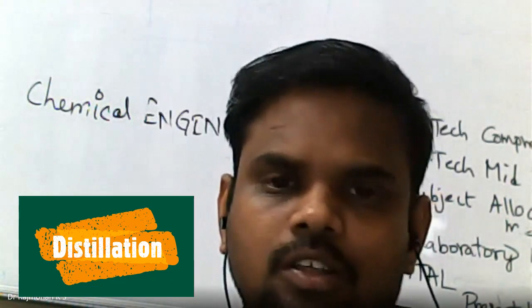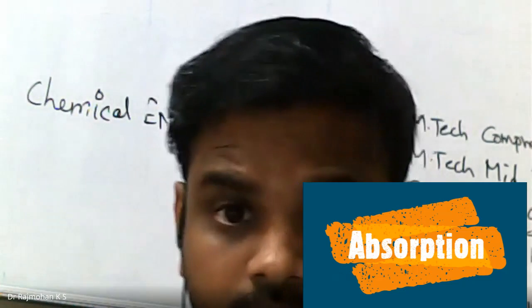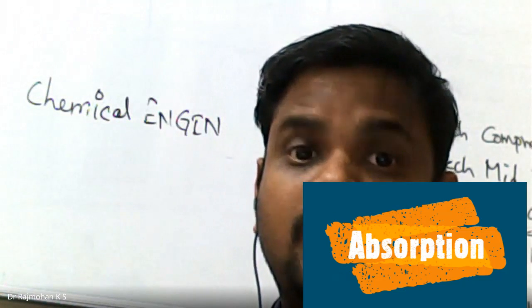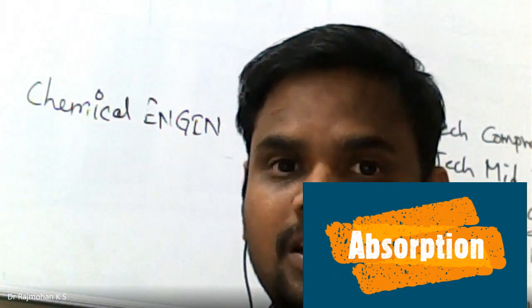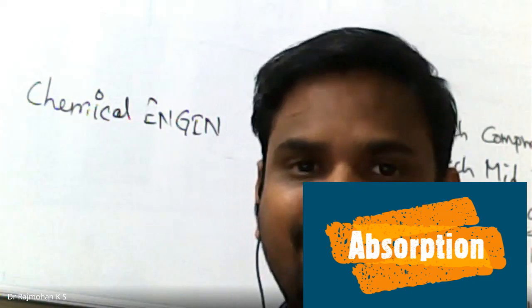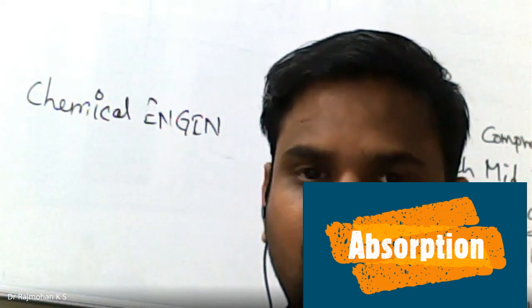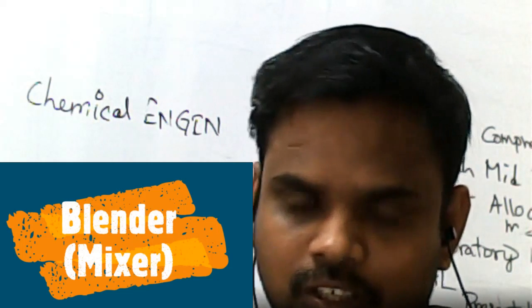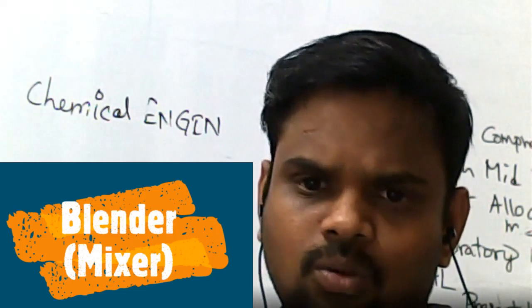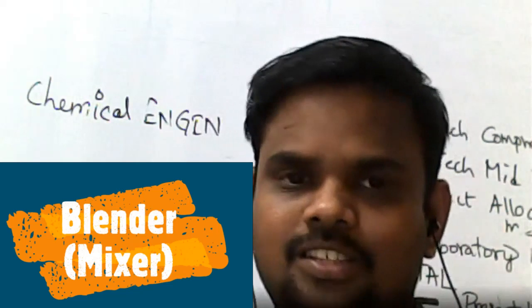Because the next topic is multiple unit operations, material balance in multiple unit operations. So what we have done so far is individually we have considered a distillation column, an absorption column, an extractor, a blender, right? So what if they are present in series?